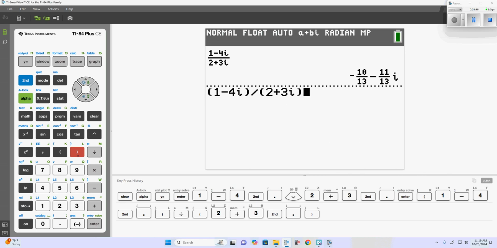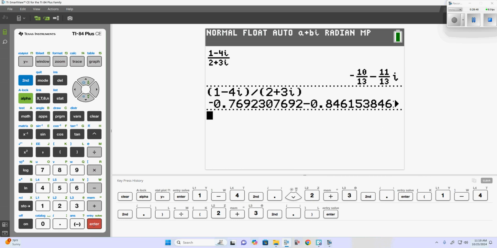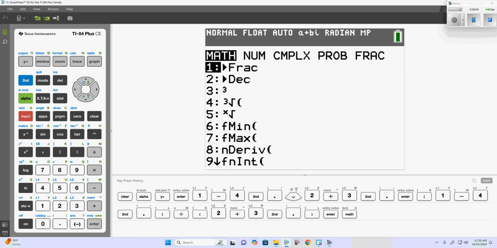Okay. So we have this here. Are we all to this point here? Next thing you're going to do is hit math. On the screen, it's the button in red. Do you see the math button? It's under alpha.